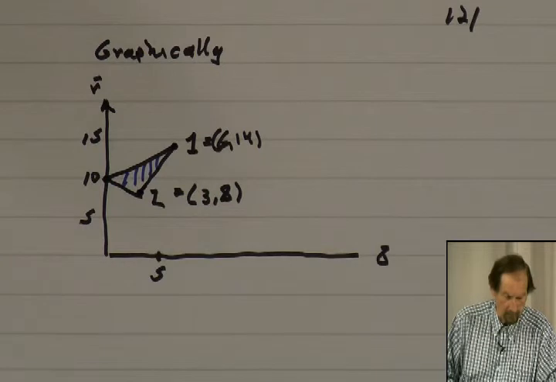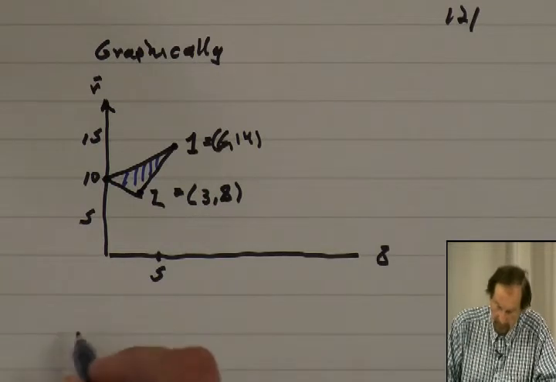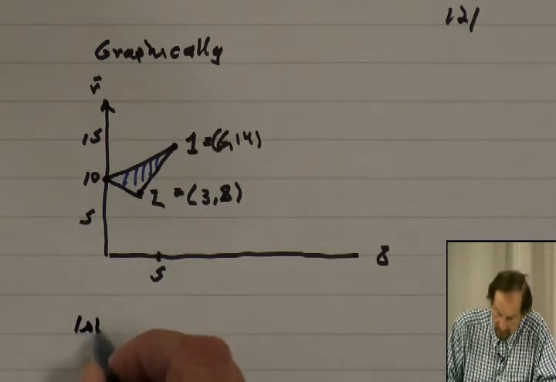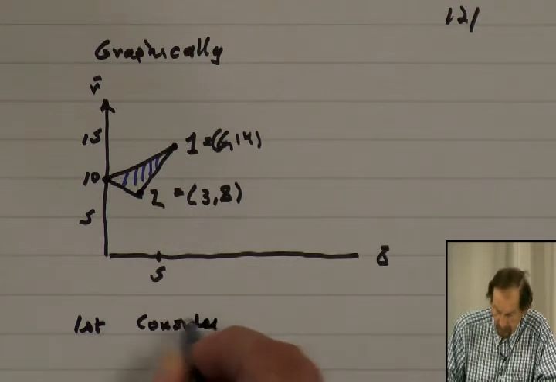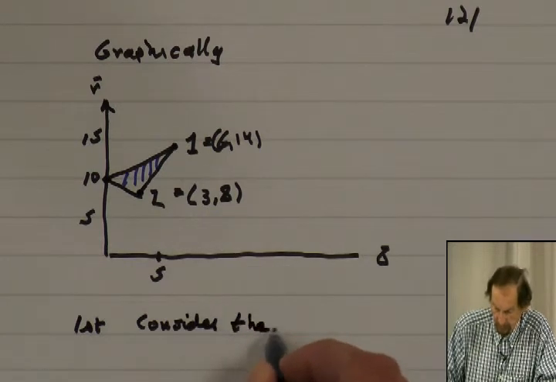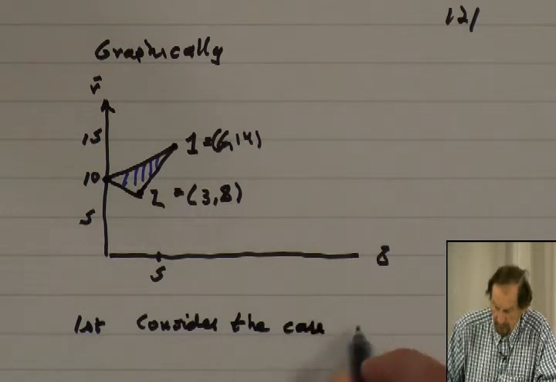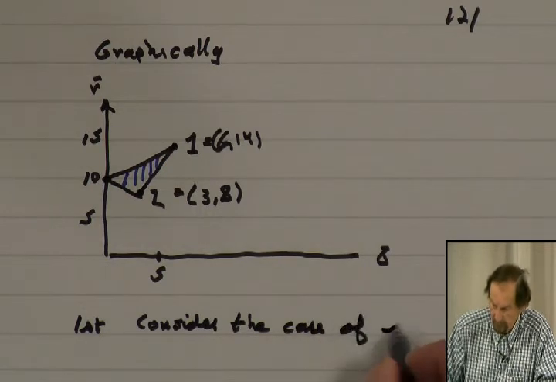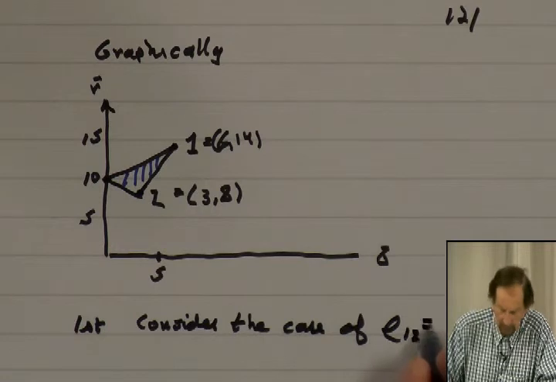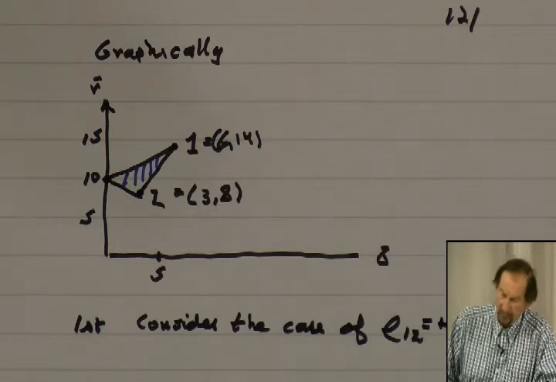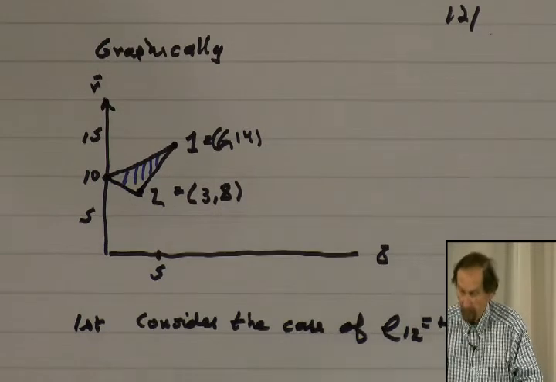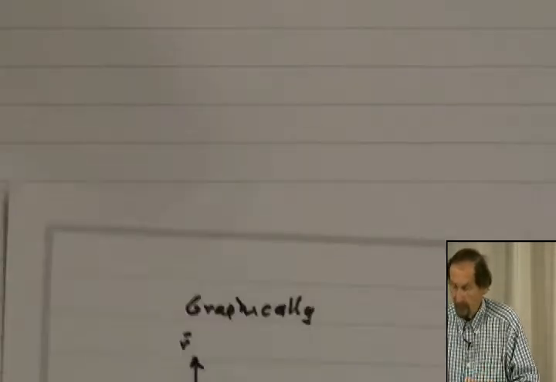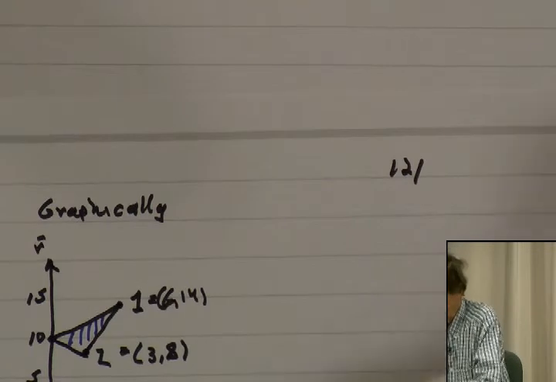Let's first consider the case of rho 1 2 equal plus 1. It's perfectly positively correlated assets, 1 and 2. And let's do some calculations for that.